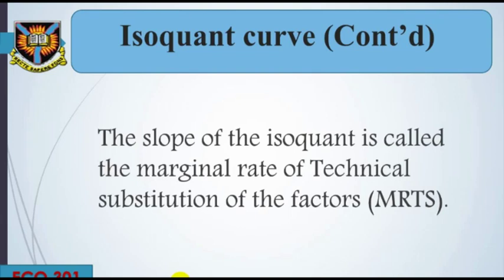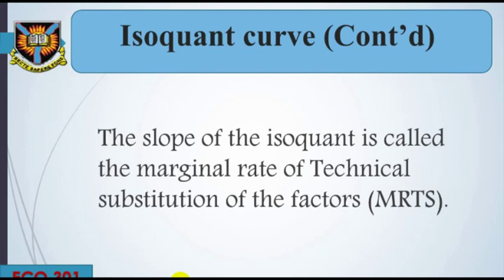Given the production function, Q = F(K, L), equation 1. Taking a total differential of both sides of equation 1, dQ = Fk dK + FL dL = 0.